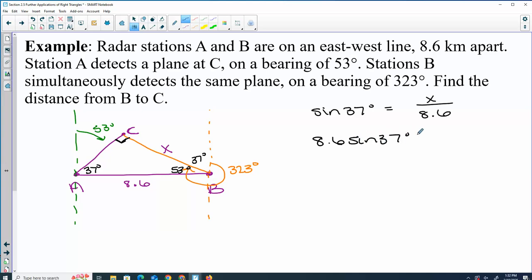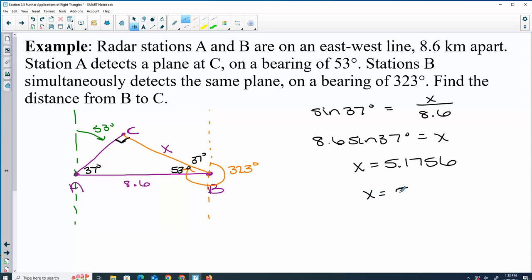Alright, make sure you are in degree mode. 37. So I get 5.1756. But if I want significant digits, how many did we have in the problem? 2.